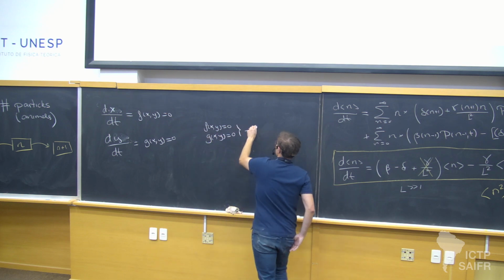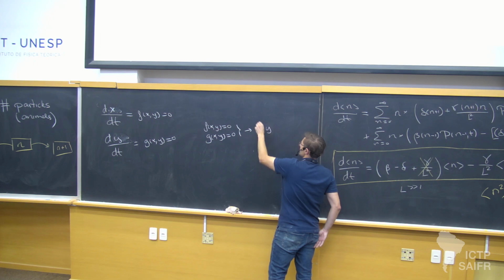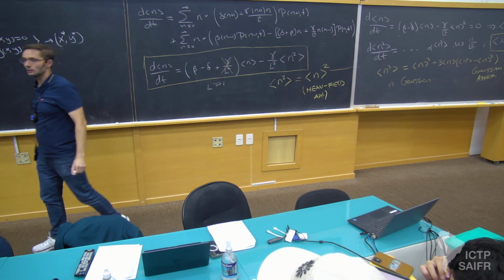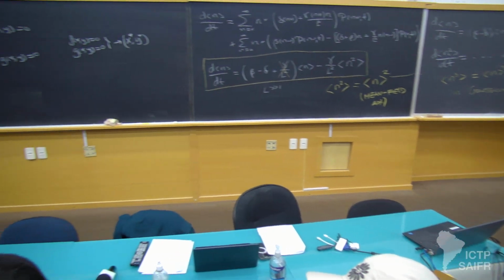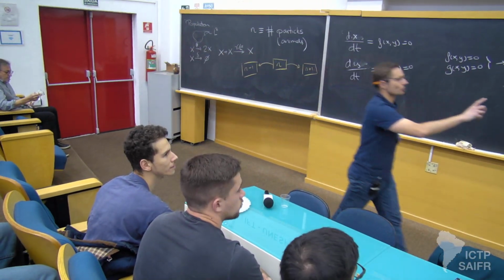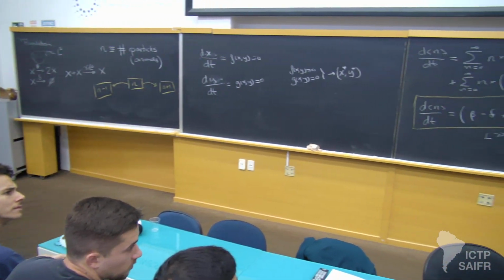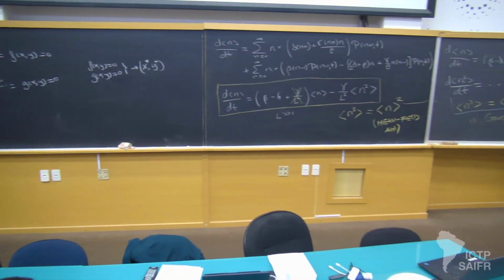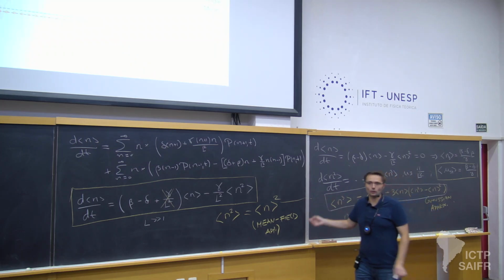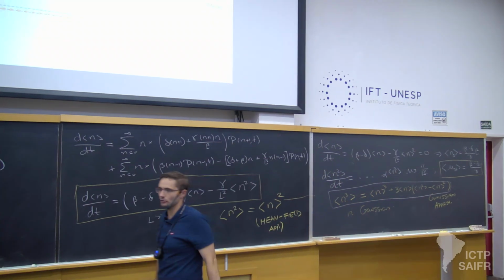And this may have a solution that is x star and y star. And on N3, no, because I did this approximation. I need to plug this in to break that dependence. Otherwise, yes, you are right. Otherwise, I cannot.